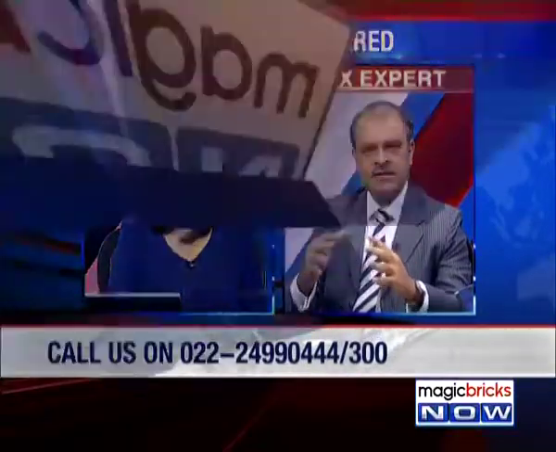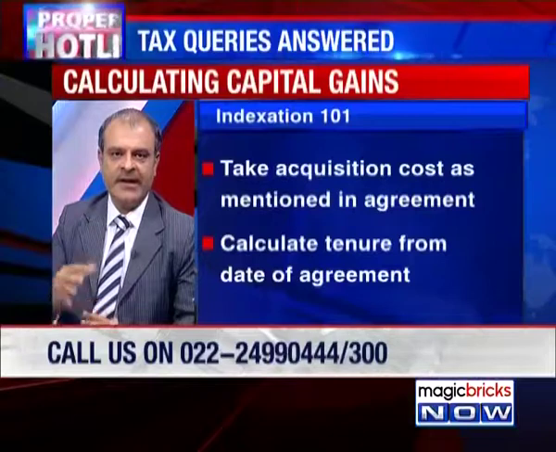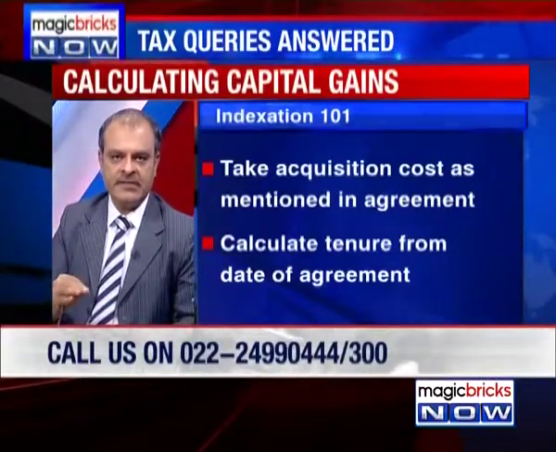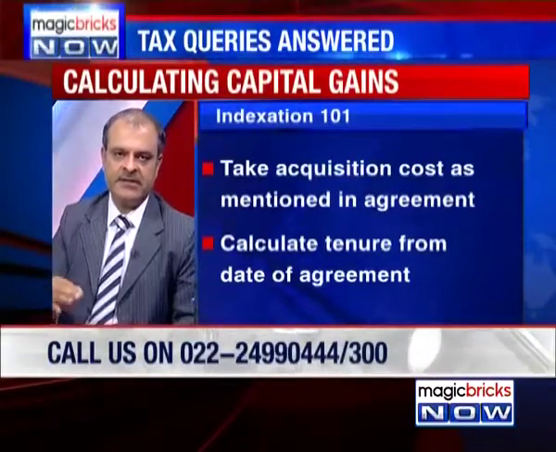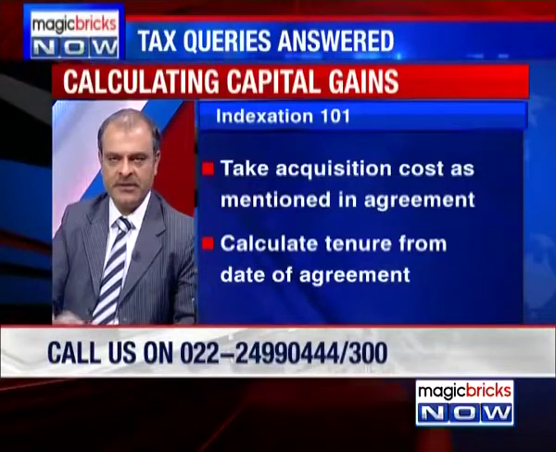So, two things. One is payment of purchase price under installment is a matter of cash flow and commercial terms. For tax purpose, what is more important is what is the purchase price and when was the agreement signed, and that purchase price should be reflected in your agreement.